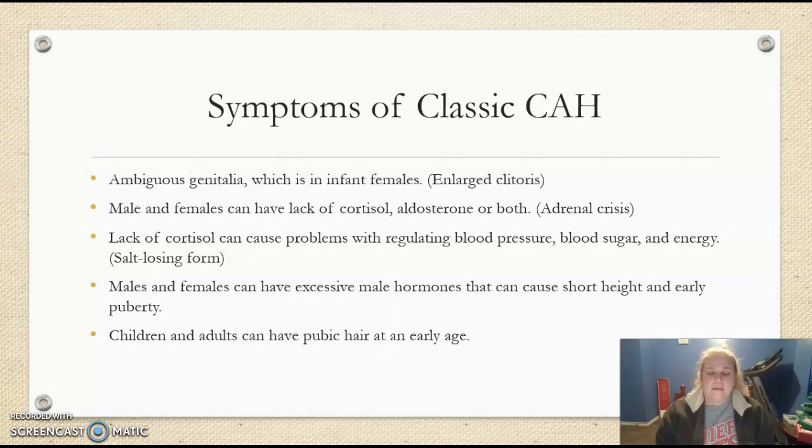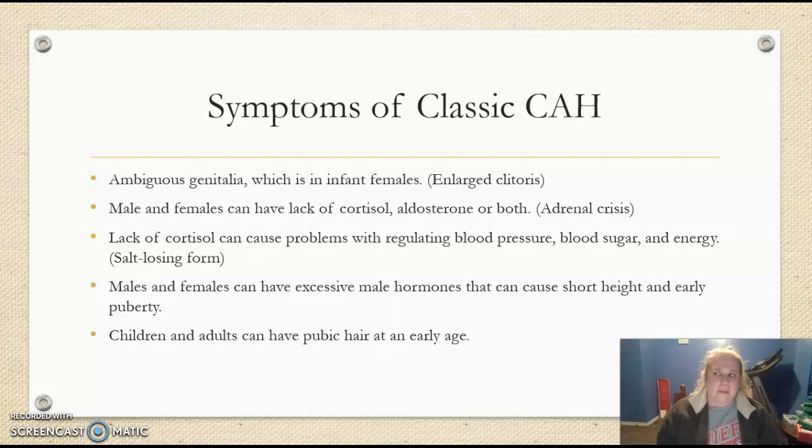Males and females have a lack of cortisol, aldosterone, or both, and that can cause an adrenal crisis, which, like I said, can put your body in overdrive and get all haywire. The lack of cortisol can cause problems with regulating your blood pressure, blood sugar, and your energy.